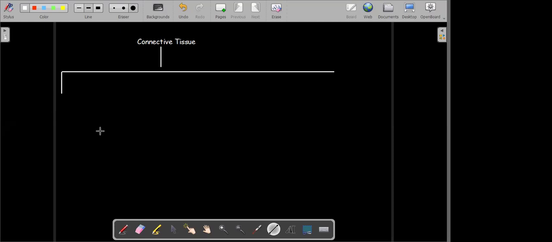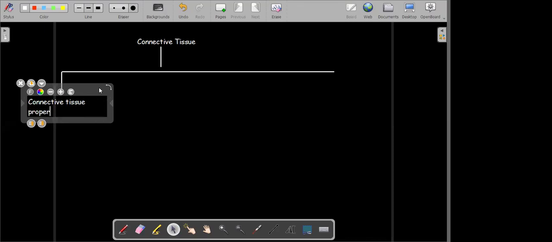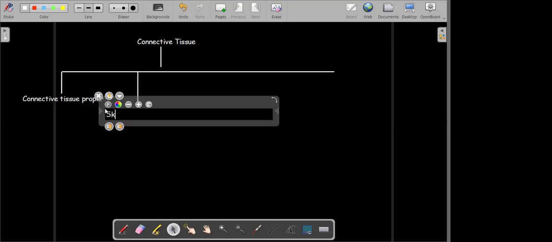So what different types of connective tissue do you have? The first type of connective tissue here is connective tissue proper. The next one is skeletal tissue, which is also a type of connective tissue, so we can write here skeletal tissue.